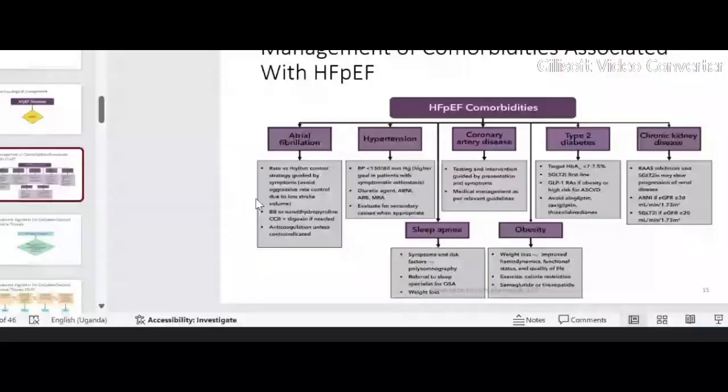For patients who have chronic kidney disease, we can also use SGLT2 inhibitors. We are seeing that these drugs have benefit in diabetes, in chronic kidney disease, and also in heart failure.